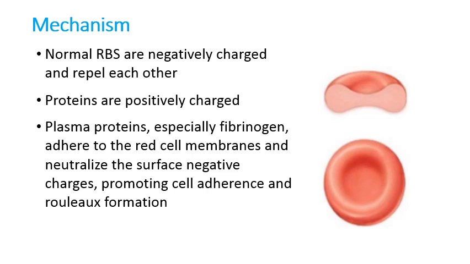Whereas the surface of the proteins are positively charged, not all, some of the proteins. Right? So some of the plasma proteins, especially fibrinogen, when they have increased quantity, they are positively charged, they can bind with the negatively charged red cell membrane and neutralize the red cell surface, making the red cell adherence and what is called rouleau formation.